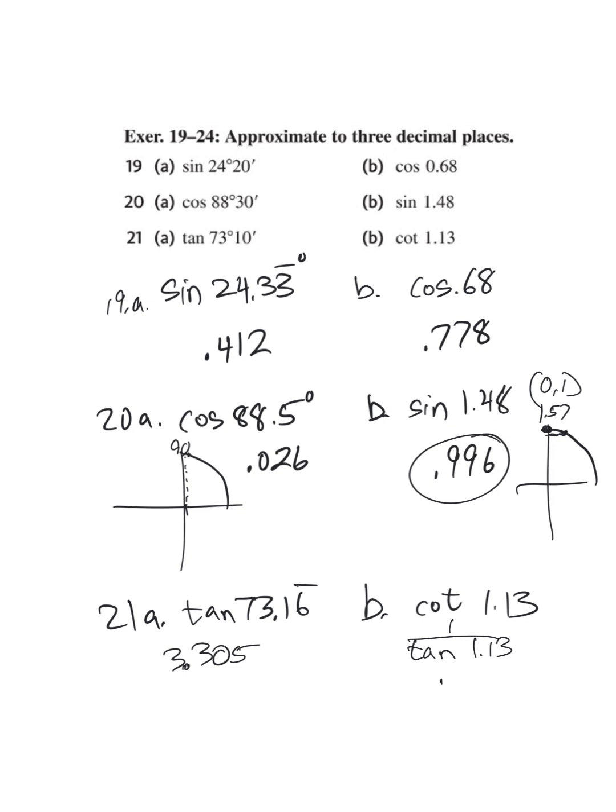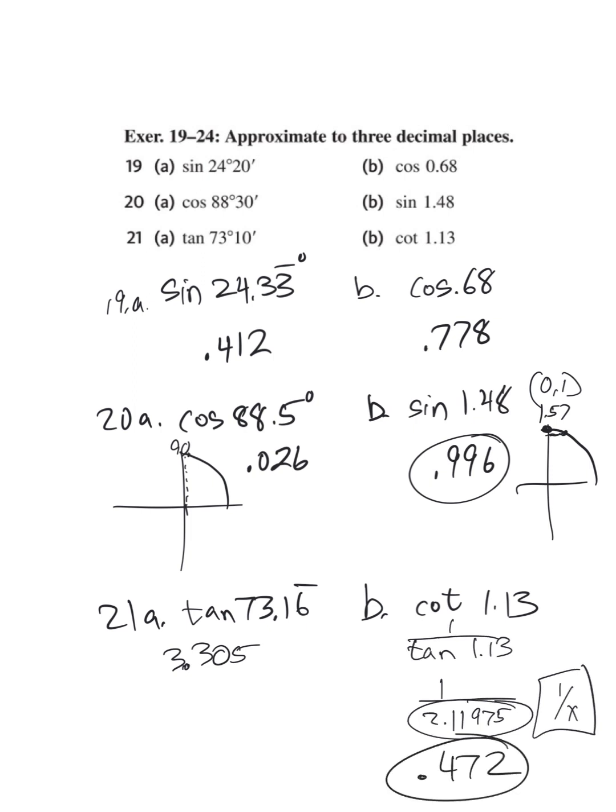And that gives you 2.11, blah, blah, blah. So there should be a key on your calculator that looks like this. If you hit that key, that flips it back over. Well, it takes 1 over that value on the screen, okay, which is what you want. So that actually is 0.472. That is the actual answer.